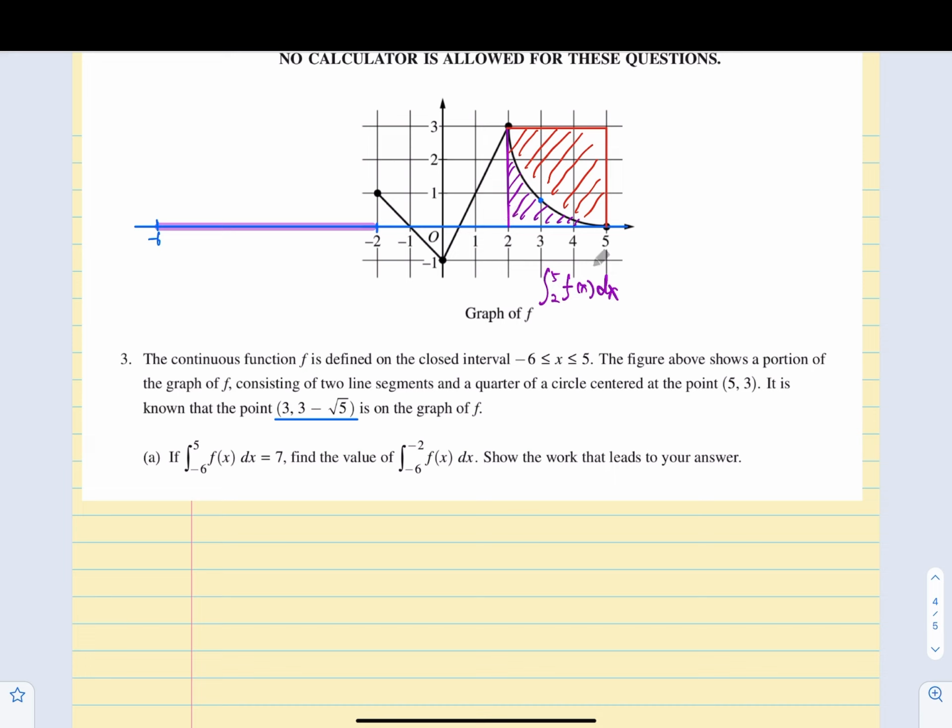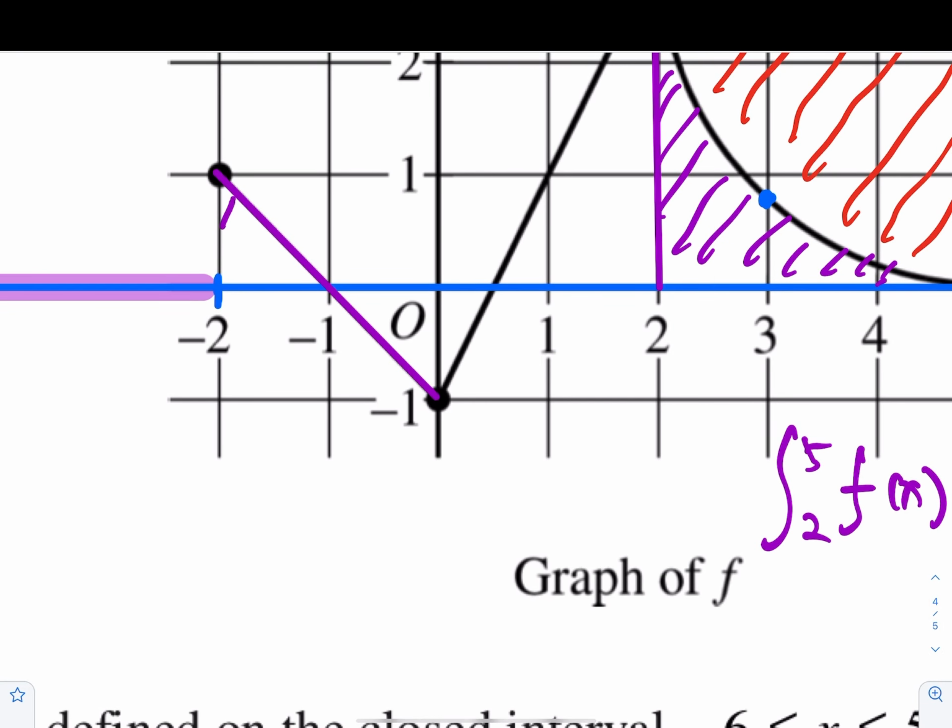Let me show you. I think this part, because the slope is -1 for this one. The slope is -1, so we have a part. This part is positive, and this part is negative, so they will eliminate each other. It's the positive area and the negative area.